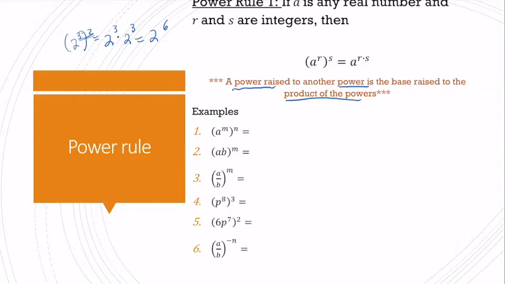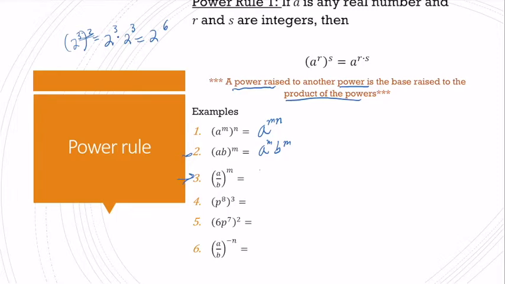So in example 1, I have a to the m raised to the n power. That's going to give me a to the mn. In example 2, I have ab to the m power. It's important to note that I have to take a to the m and b to the m. I can also distribute that m over fractions, as in example 3.